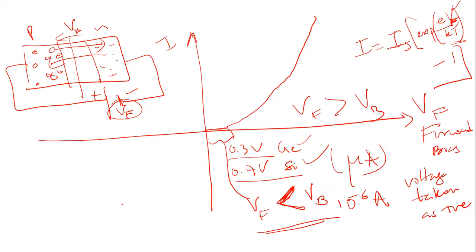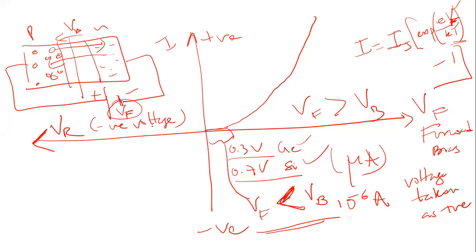Okay, so under reverse biasing, this side is positive current, this side is negative current. Let's say this side is reverse biasing VR, which is negative voltage. Forward voltage VF is towards the right hand side, negative voltage VR is towards the left hand side.